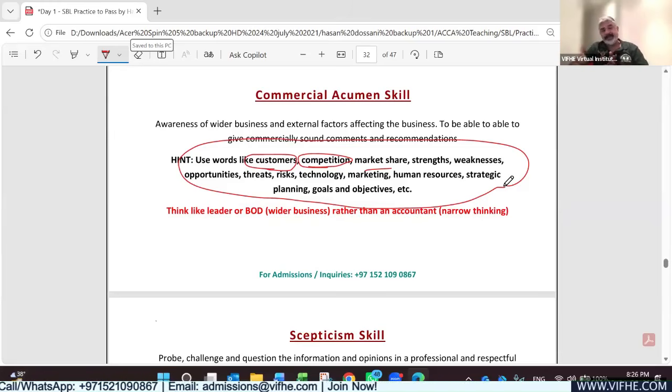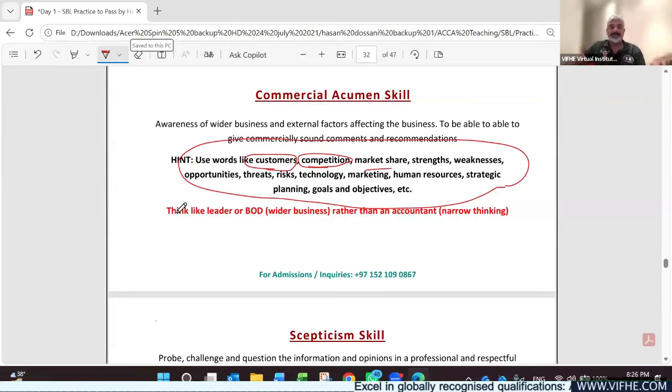For example, the examiner can ask you what will be the advantage and disadvantage of big data analytics. So if you can explain the advantage and disadvantage of big data analytics, that is commercial acumen. That's it.